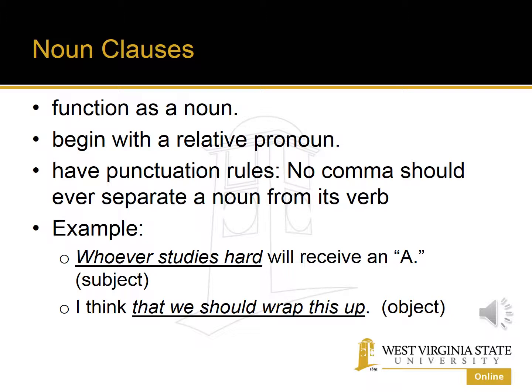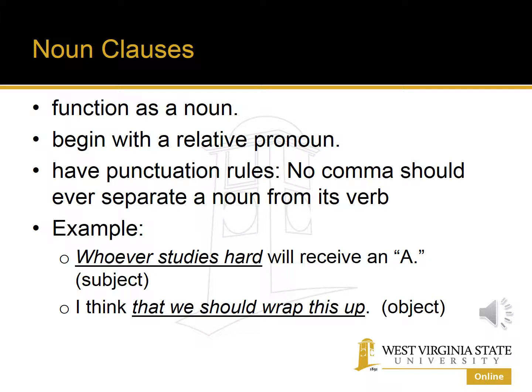In the second example, I think that we should wrap this up. That is the relative pronoun. We is the subject of the relative clause, and should wrap up is the verb of the clause. So that is not the subject of the relative clause, it's the object.